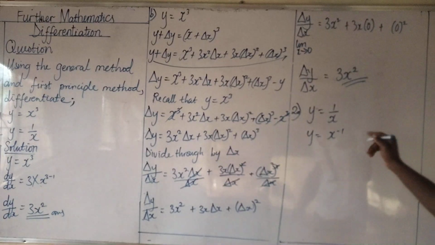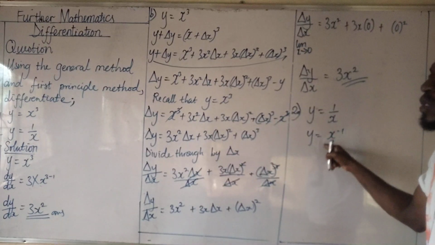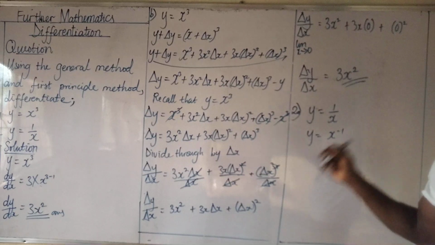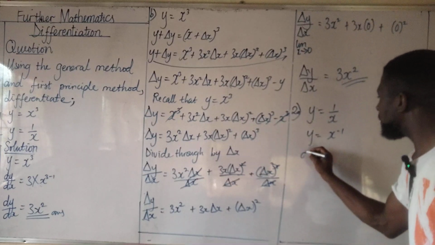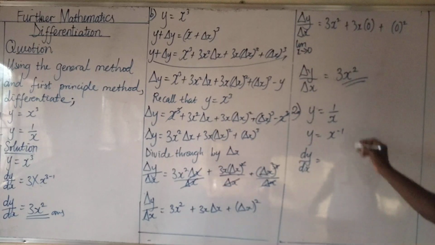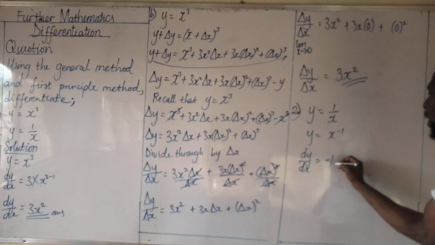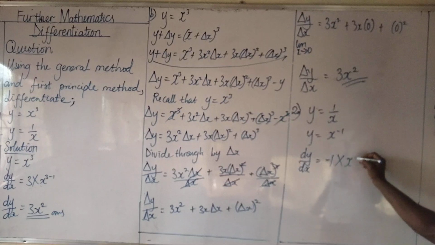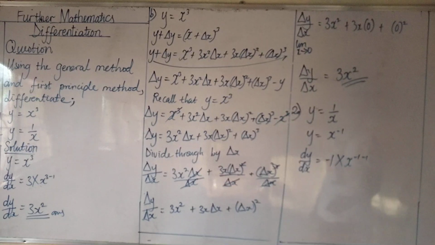So the idea of the general method is we are going to use the power to multiply the base and subtract 1 from the power. So it will be dy over dx equal to, the power is negative 1, negative 1 times x raised to power negative 1 minus 1.